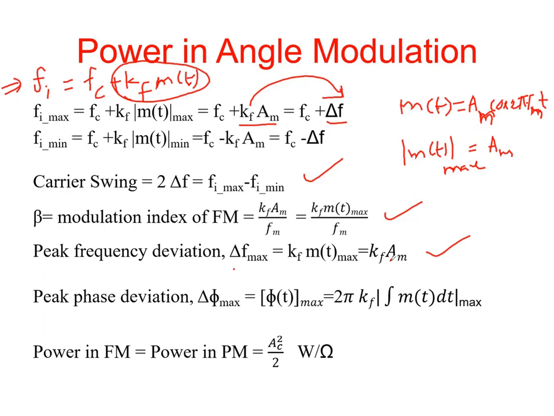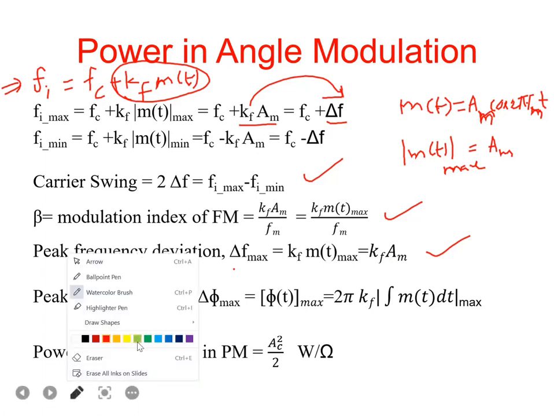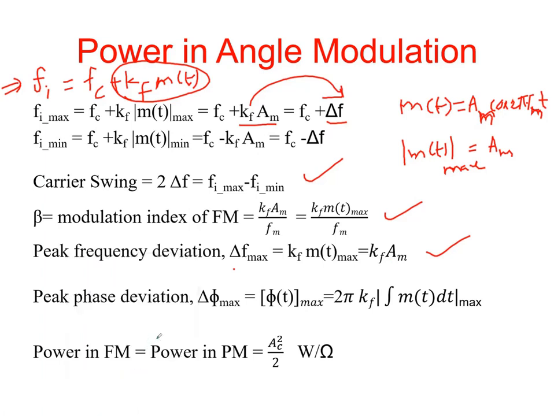Then going to calculate the peak phase deviation, that is del phi max, which is phi of t max obviously. And in frequency modulation you have already seen the equation for the FM, which I am giving again for you from our last slide, that is sFM of t. We have seen the standard equation like this: Ac cos 2 pi fc t plus 2 pi kf integration of m of t dt.